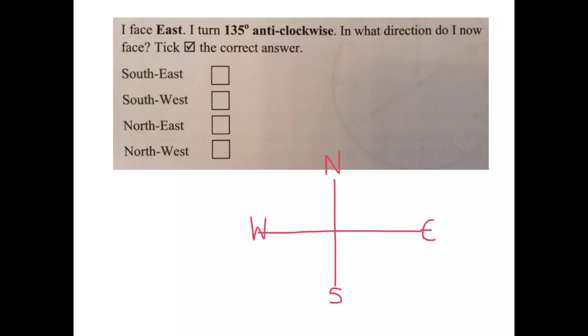So if we're facing east and we turn 135 degrees anti-clockwise, if I turn 90 degrees, it would take me to north, and then I would turn a further 45 degrees, because 90 plus a 45-degree turn brings me to 135 degrees. There's my 135-degree turn, anti-clockwise, remember. And we're now facing north-west.